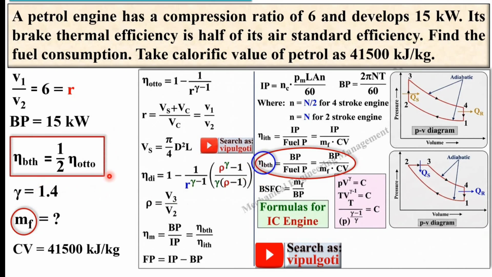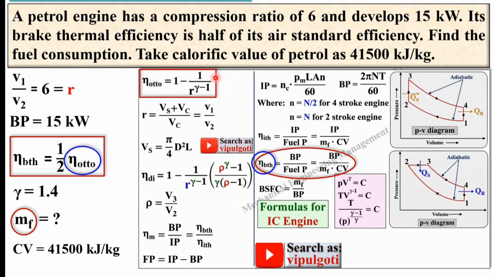So from this equation you can find eta BTH. So again you need to find the eta Otto first, and again you know that eta Otto, the efficiency of the Otto cycle, is 1 minus 1 upon r raised to gamma minus 1. So for the eta Otto you can use this equation, and for that r is given to you, gamma is also given to you.